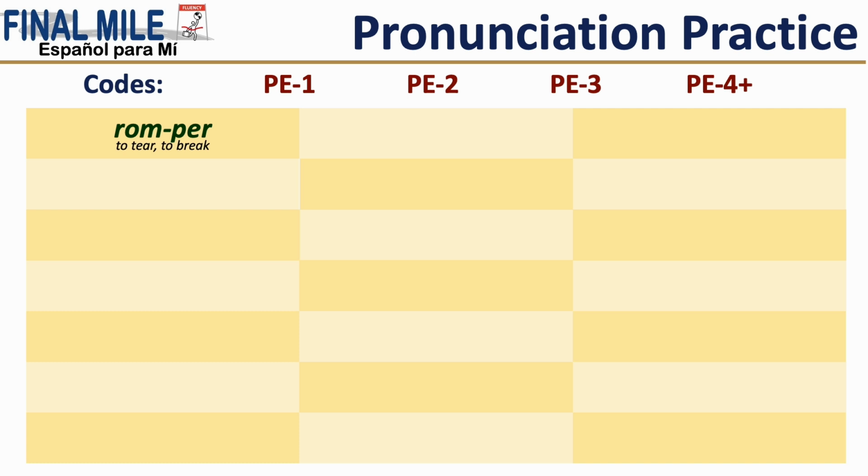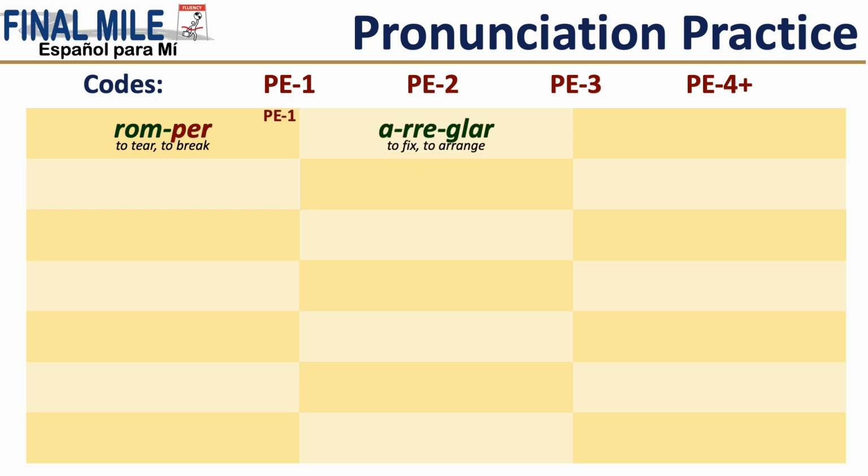And when the answer is no to both of them, then emphasis is on syllable number 1 from the right. So you're going to say this is a PE1. Okay? And so now we practice pronouncing the word. Romper. Long vowels and emphasis on the last syllable, number 1, romper. Okay, let's do another one.